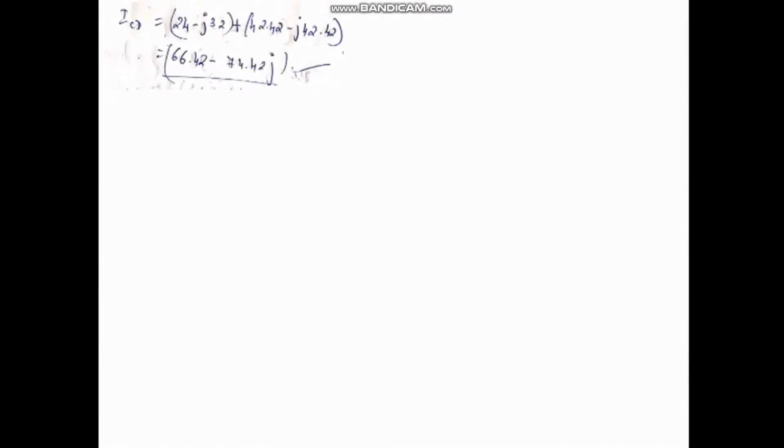ID is given as 40 at 0.6 power factor lag, which means 40 at an angle of minus 53.13. So I add this plus this to get ICD. I am left with ICD as 66.42 minus j74.42 amperes.